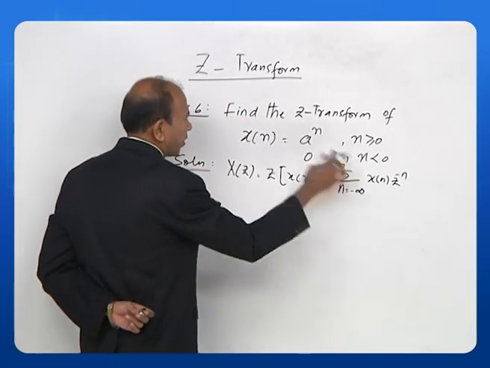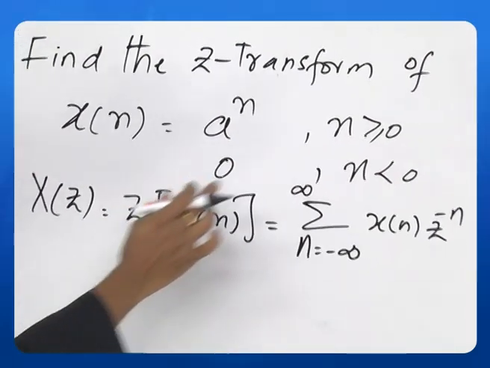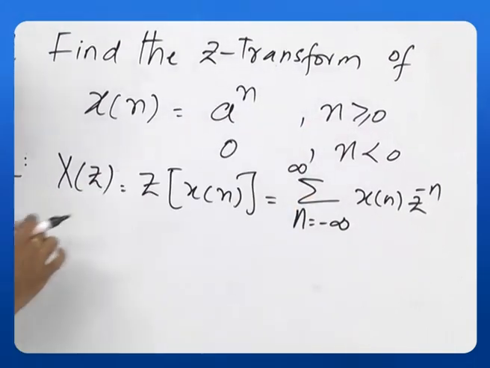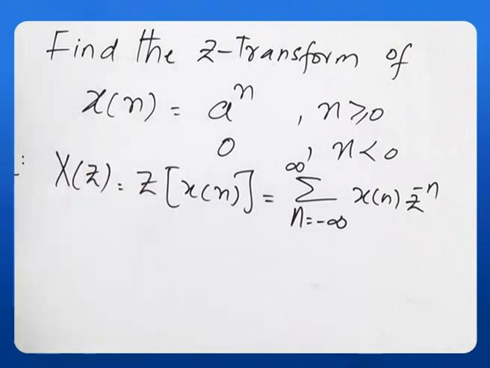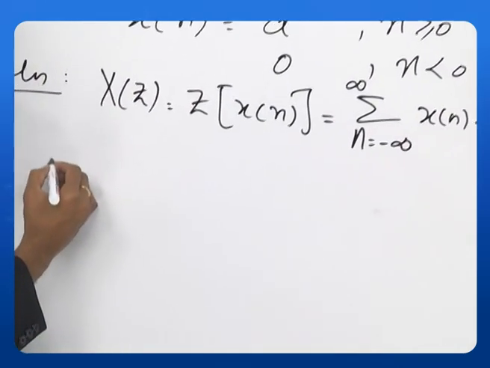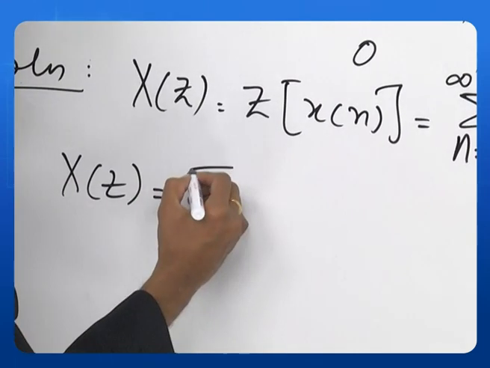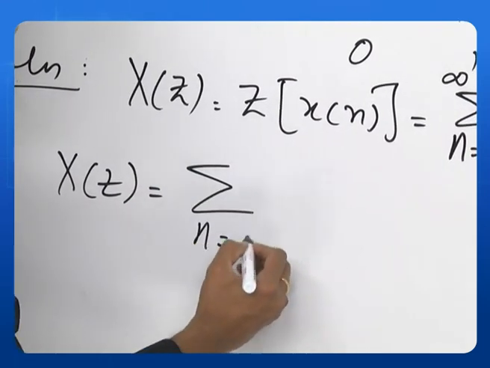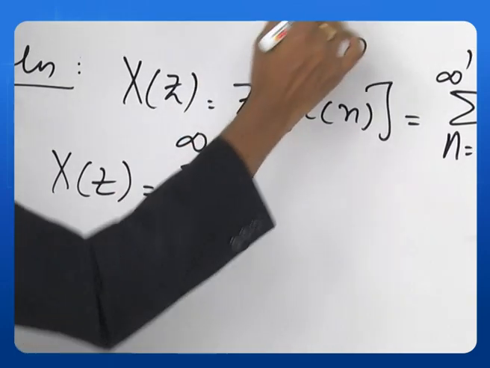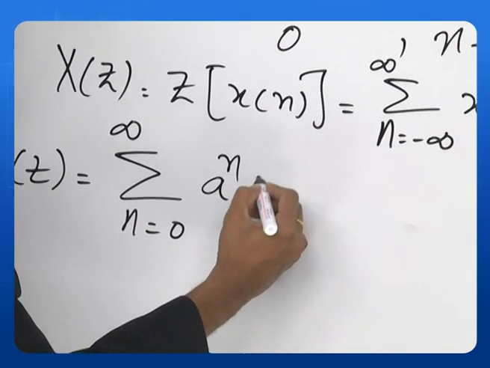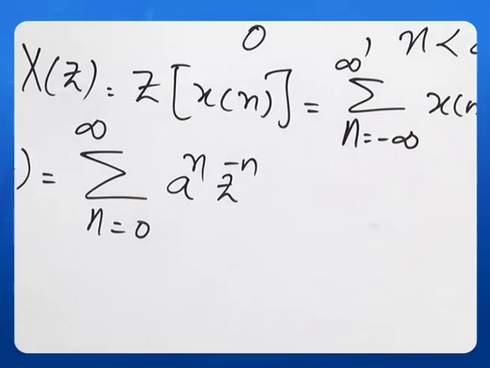Now, let us substitute what is given to us. As you see here, the function is existing only for n greater than or equal to 0. So, let us write down here. So, X of z will be now equal to summation n is equal to 0 to infinity a to the power of n z to the power of minus n.